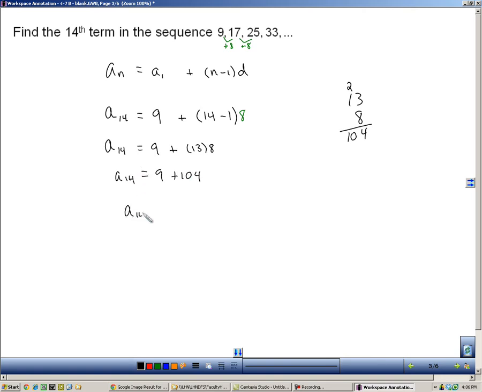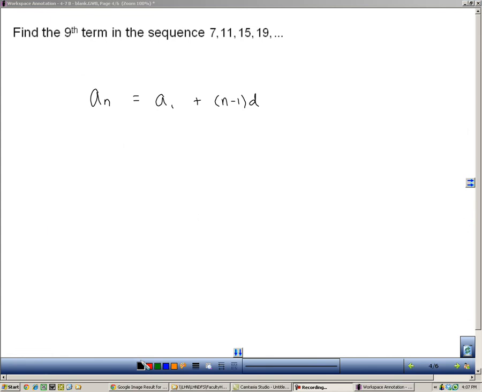So a sub 14 equals 113. And that was pretty quick. I think if you kept adding 8, you'd probably get to 113 about the same time. Now, if we ask you for the 114th term, that would take a very long time, which is why we're going to use this formula to find a certain number term of an arithmetic sequence.